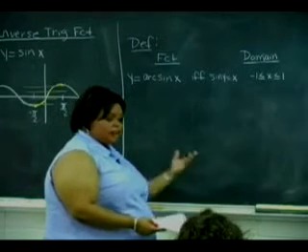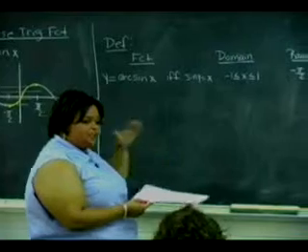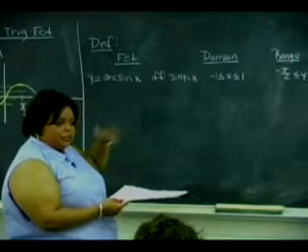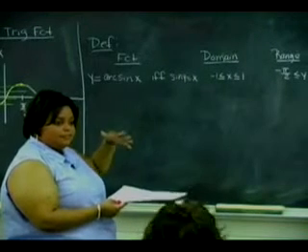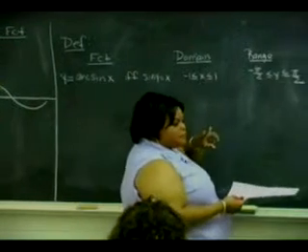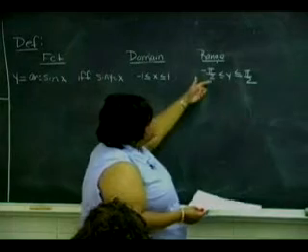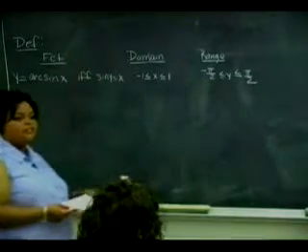The domains and ranges are switched. But here, because we know the range of the original sine is between negative 1 and 1, the maximum and minimum, that becomes our domain. The domain of the original sine function was all real numbers, but we need to restrict it here so that it passes the horizontal line test.